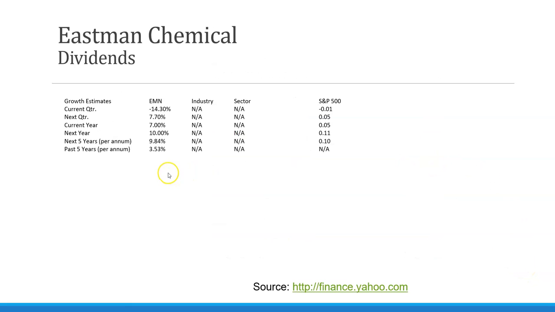And then here is information about their dividends. We have the current quarter, next quarter, current year, next year, and what analysts project the growth is on dividends for the next 5 years and what it was on the past 5 years.